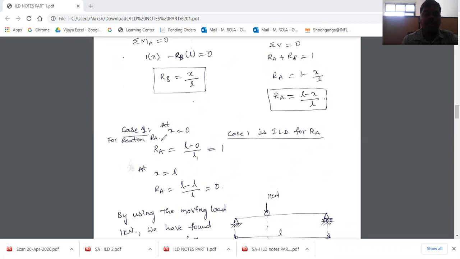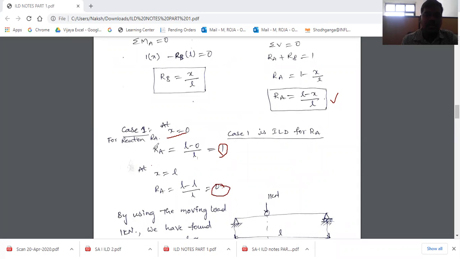For reaction RA, we have RA as (L minus x) by L, already shown here, and at x is equal to 0, RA will be 1. That means the load is at 0. Okay, x is at 0, that means the unit load is exactly at point A, and at x is equal to L, RA will be 0.